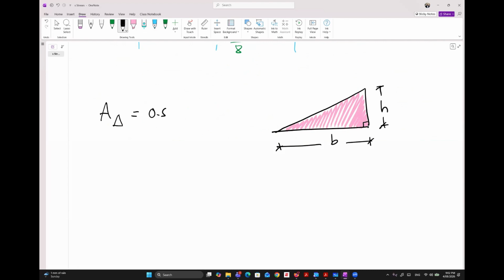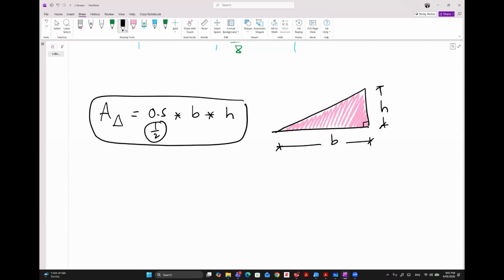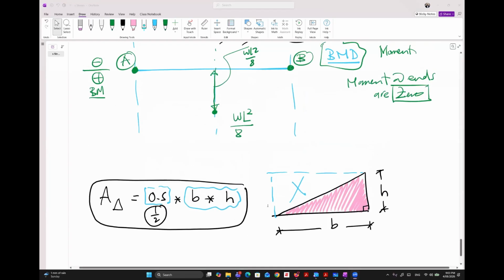It is 0.5 or half times the base B times H. Because B times H is the area of the complete rectangle, but actually this part does not exist. That's why we're taking only half of it. Do you understand now where this comes from? Yes? Thank you.